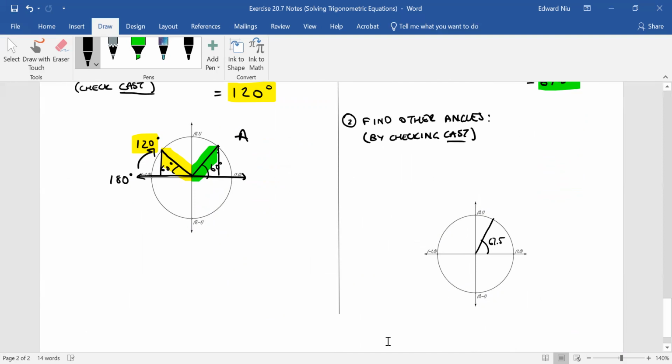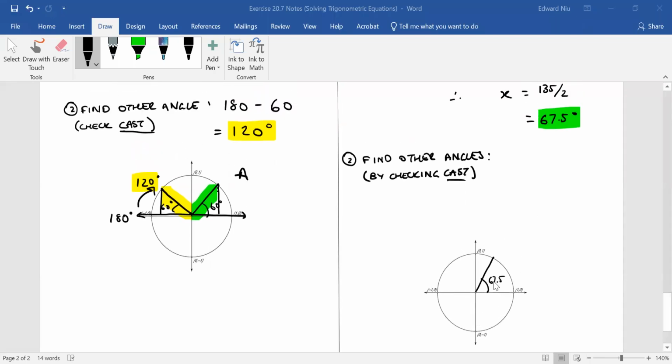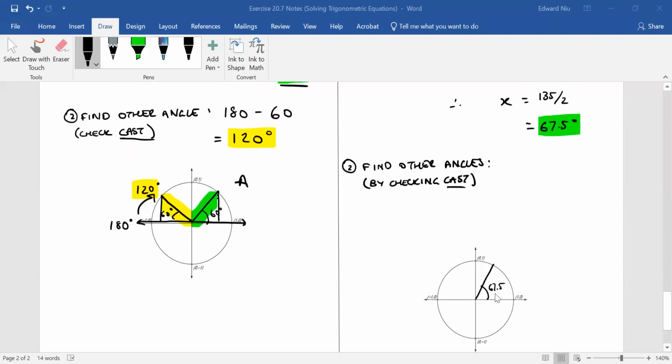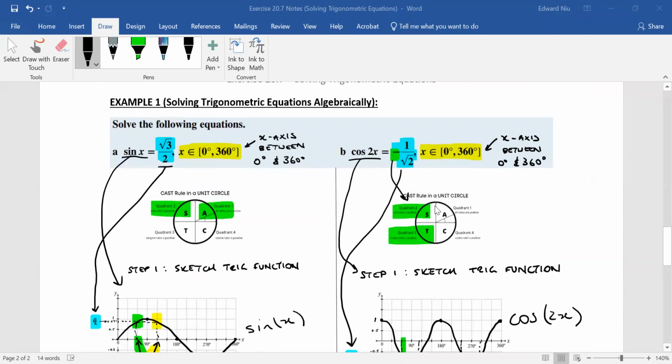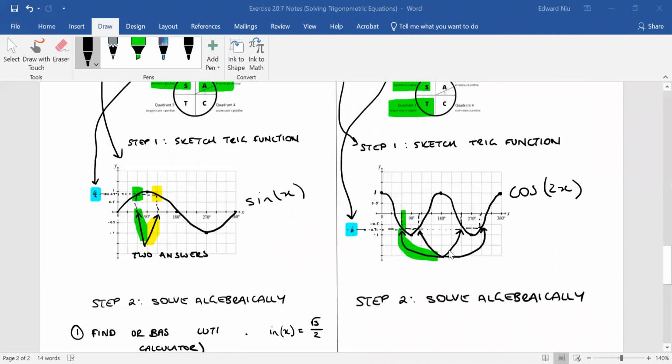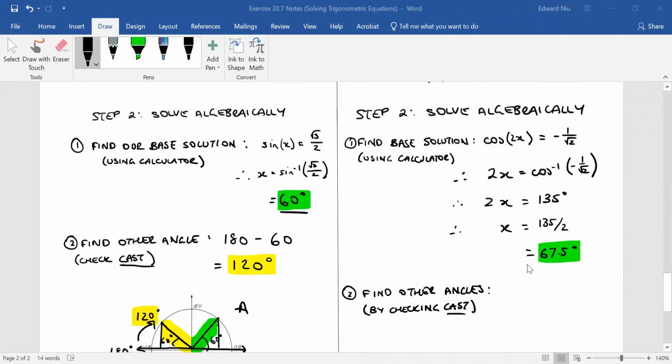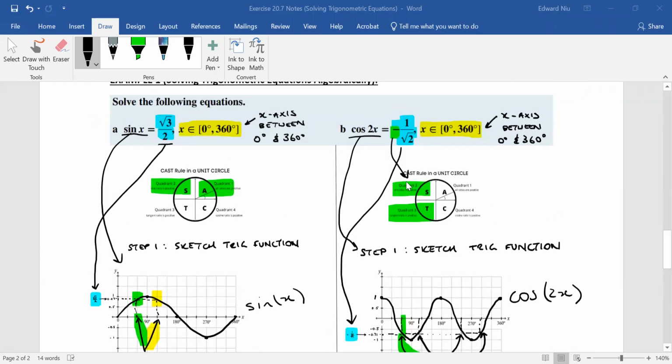And you're probably wondering, well, Ed, 67.5 isn't in a quadrant where cosine is negative. That's because this 67.5 was a situation where we halved 135 degrees. So 135 degrees was in a negative cosine quadrant, but because we halved it, it goes into a non-negative-cosine quadrant, which is fine.